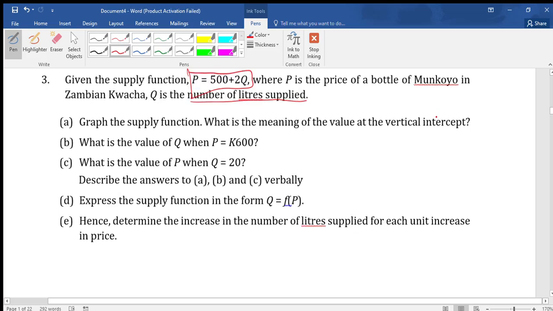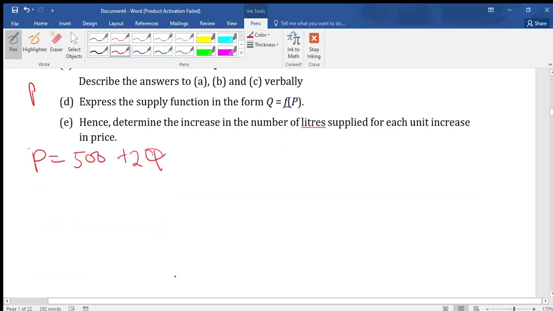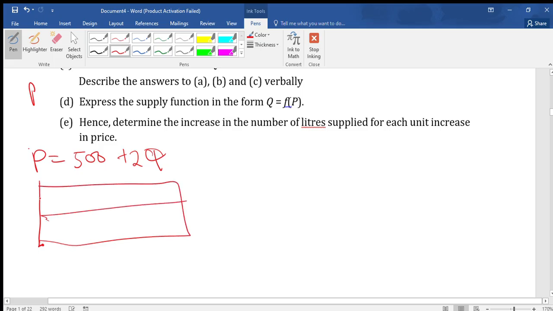So graphing this, all we need to have is what? Number 1, P is equal to 500 plus 2Q. This is the supply function. So sketching this, we will just need to find, obviously, two possible values, since we know it's a straight line.